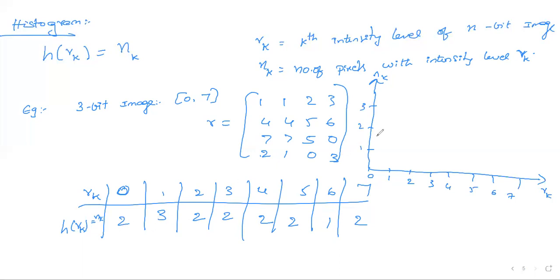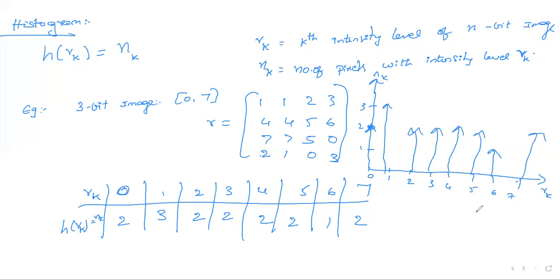For 0 we have value 2, so put a star mark. Next for 1 we have 3. Next for 2 we have 2. For 3 also 2, 4 also 2, 5 also 2, 6 is 1, 7 is 2. Like that you have to plot the histogram.